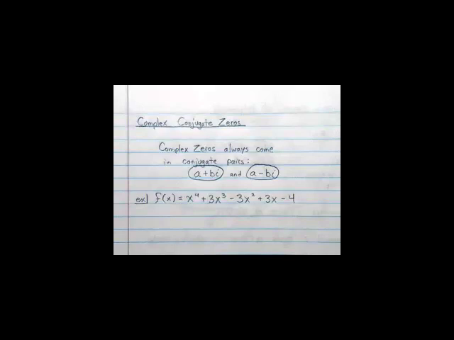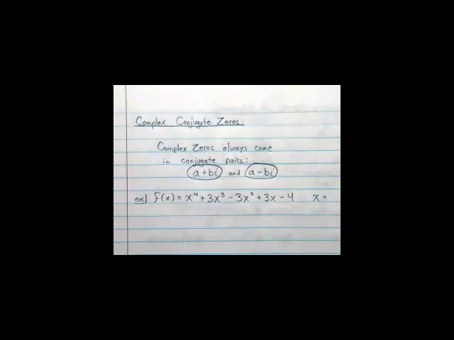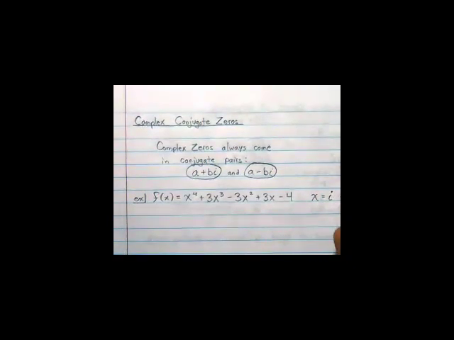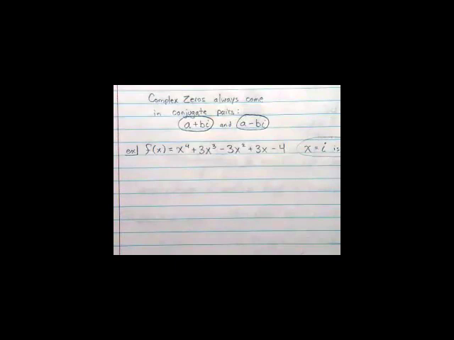Okay, so we're going to look at that one. And let's say, for this particular one, x equals i is a root. So there's your freebie. We know i is a root. So if I know that i is a root, or technically 0 plus i is a root, what's another root that must be with this equation as well?